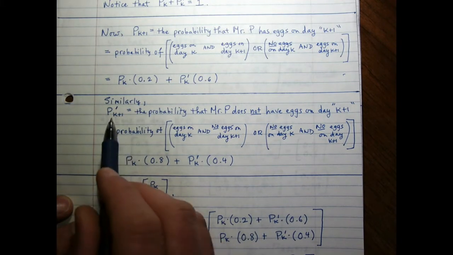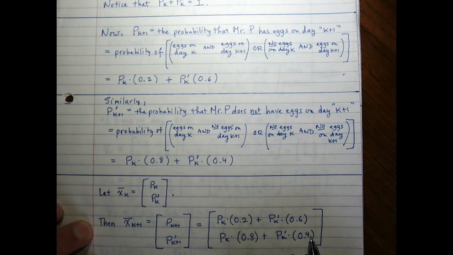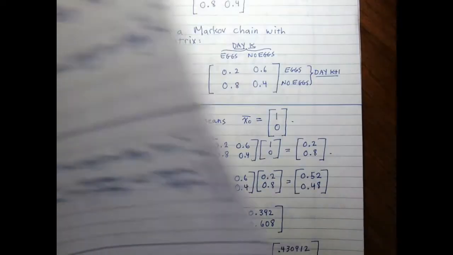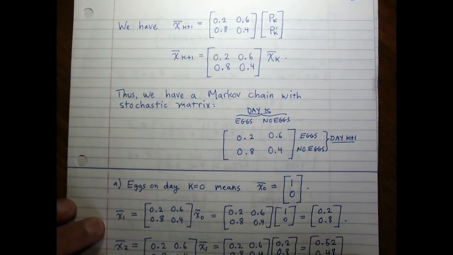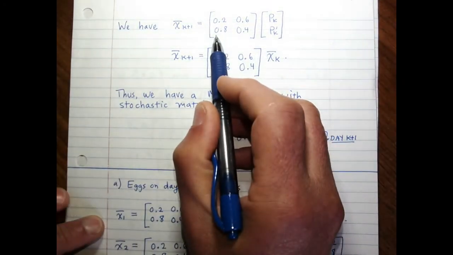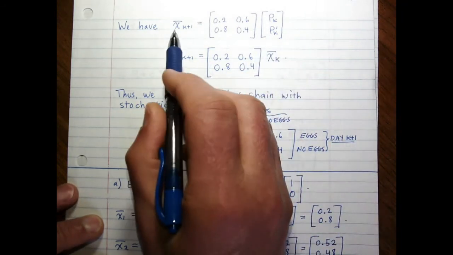P sub k plus 1 prime is this stuff. I fill it in. And this looks like, well, it is a scalar times a column vector plus another scalar times a column vector, which we're very familiar with from our course, that we can think of as a 2 by 2 matrix times a column vector.